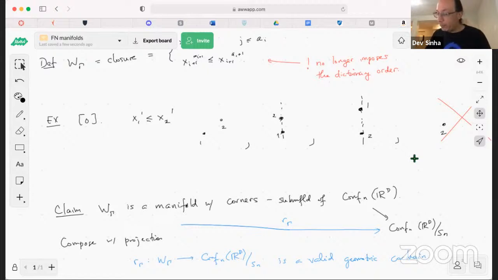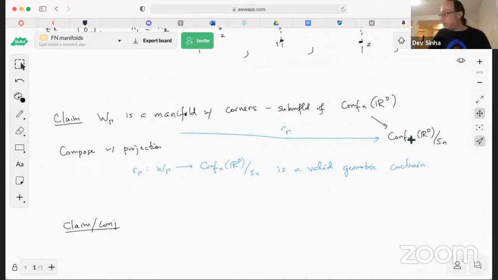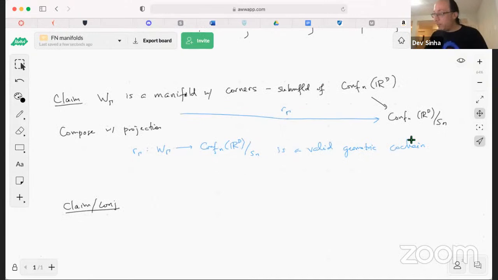And so then the next claim, conjecture, and this is because we have a version of this, is that these W gamma, R gamma, with their boundary maps, form a chain complex. So boundary, by the way, is just taking boundary, which you can do for a manifold with corners.